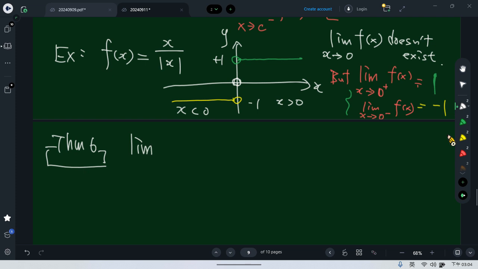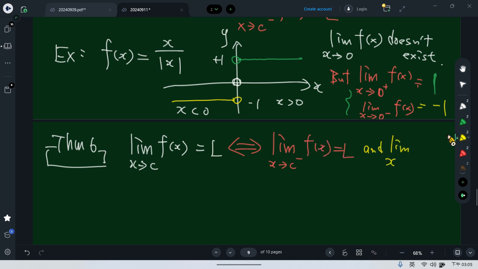The two-sided limit at x equal to c exists if and only if the limit as x approaches c minus of f of x and the limit as x approaches c plus of f of x are the same one, L. So what is the symbol?